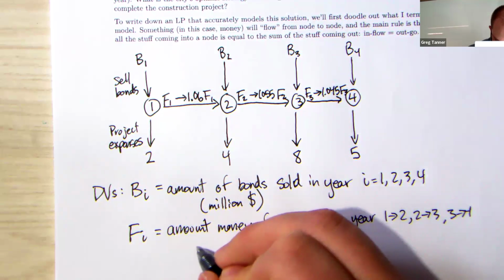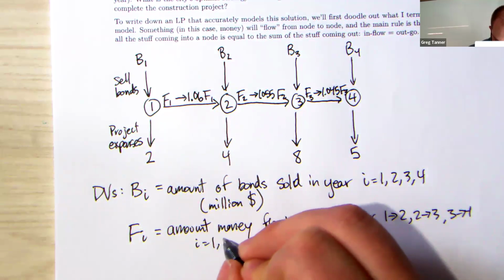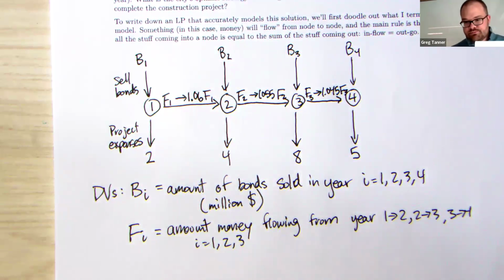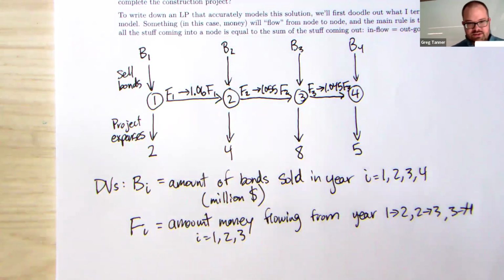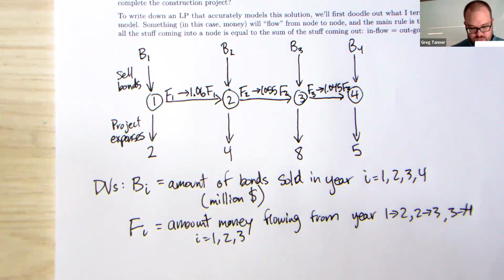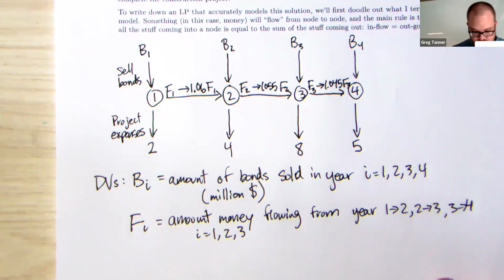Okay, and so this is for i equals 1, 2, 3. We're going to have 3 of those. It's a little bit weird because the flow is in between the years, and so whether we talk about it as the year it's coming out of or the year it's going into, it doesn't matter too much. Okay, so those are our decision variables.